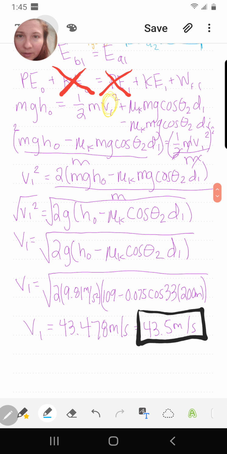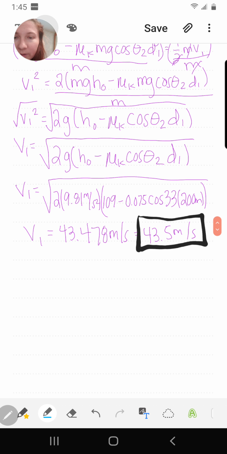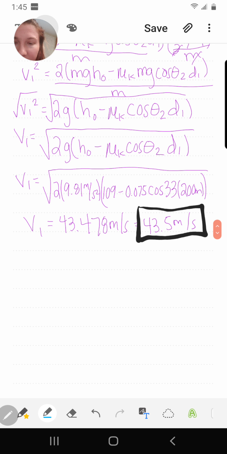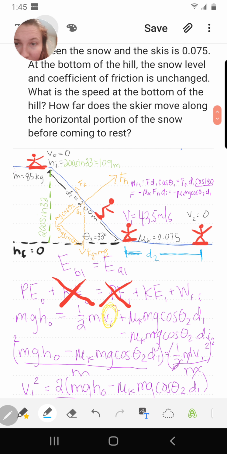Okay, so we've got our energy before equaling our energy after. Now, I'm going to use the initial energy, because that'll help us solve the problem a little bit easier.